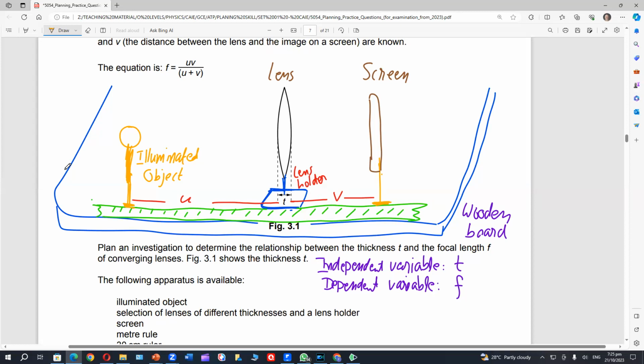Now continue writing, then measure u and v.